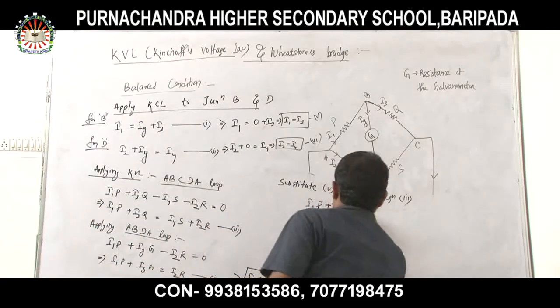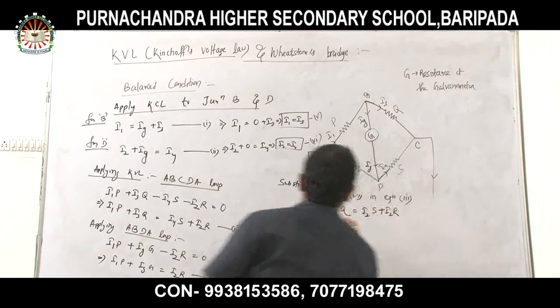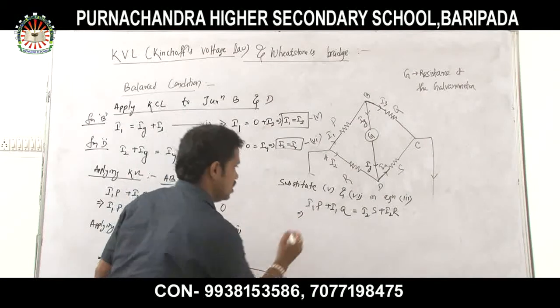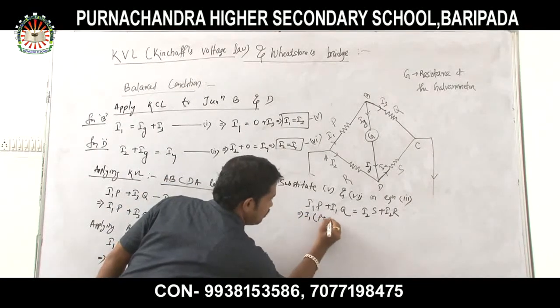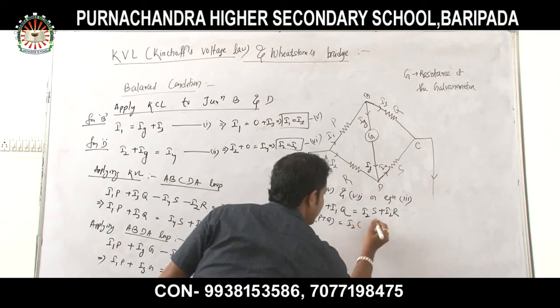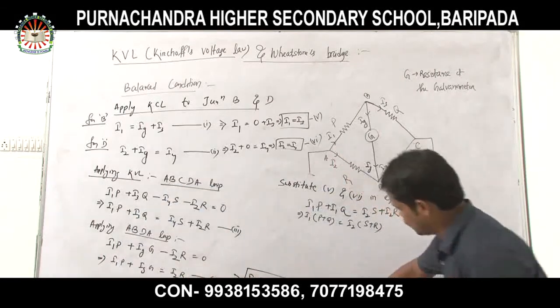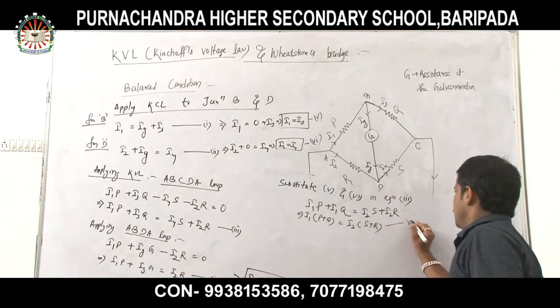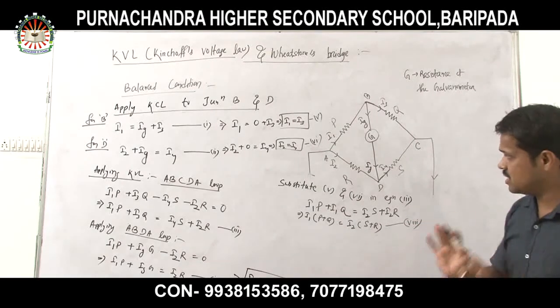So that is equal to I2S plus I2R. That implies I1, I will take it common, so that is P plus Q. And I2 I will take common, this is S plus R. So this is equation number 8. Now next step.